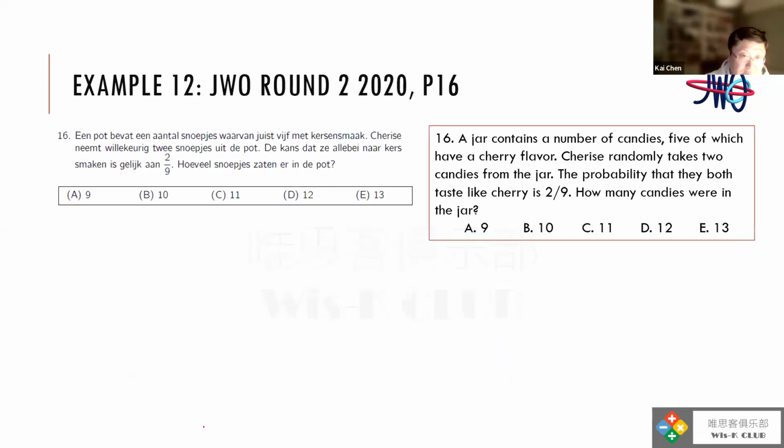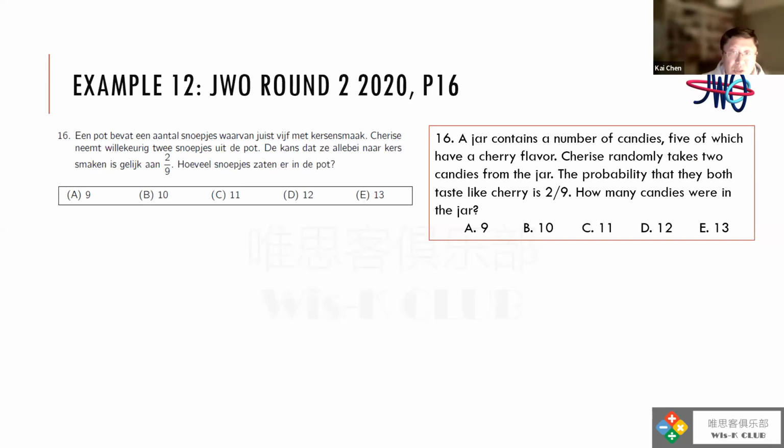So, last one. Something about probability, counting. We learned counting as well. Imagine a jar contains a number of candies, and only 5 of them have a cherry flavor, but we don't know the number of candies.